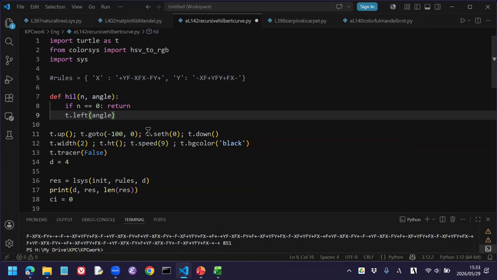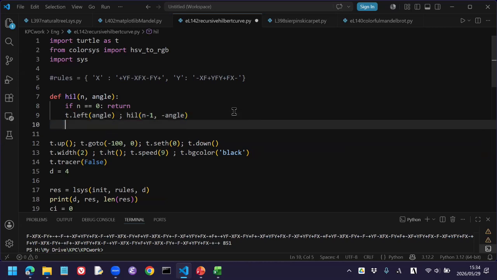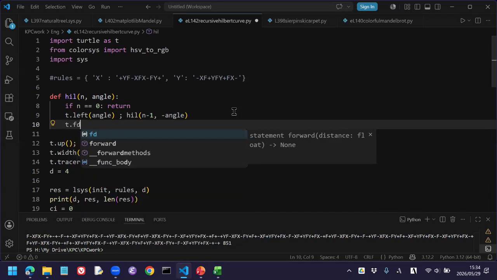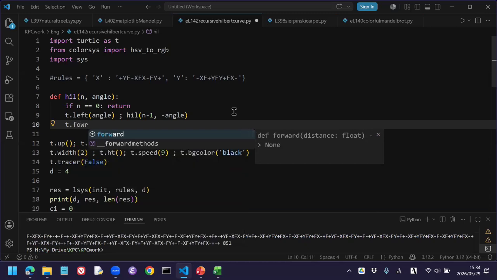So I write hill n minus 1 and minus angle, because it's y. Then comes forward. So I write forward.